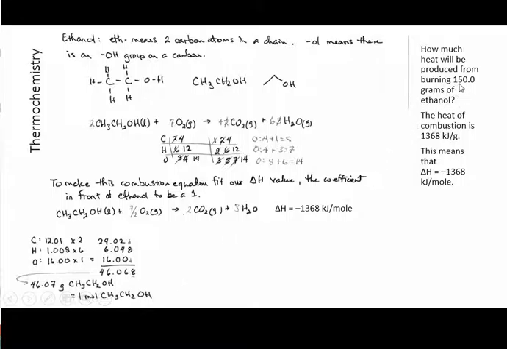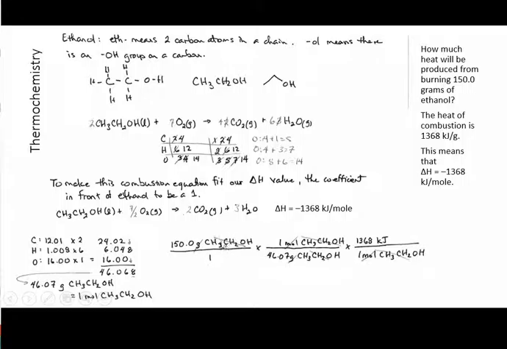We're going to put the starting amount of 150 grams of ethanol on the top of a 1, making a fraction out of it here, and use this equality statement here to justify and build this conversion unit. This conversion unit is called a unit because it equals 1. What's on the top is equal to what's on the bottom, so that fraction is equal to the number 1, and it's called a unit.